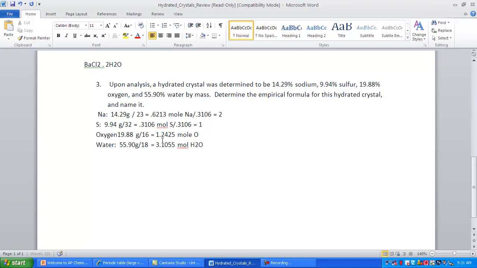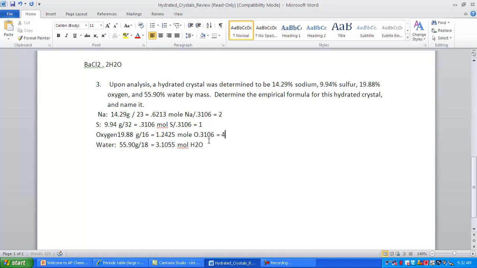And going down to the oxygen. Boy, this is an art, getting your cursor to where you want it to go. 1.2425 divided by 0.3106 equals 4.0003, that's a number of 4.